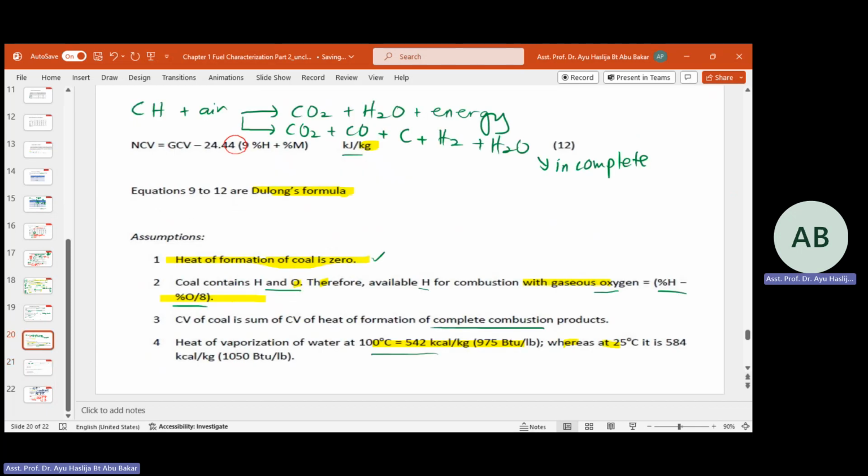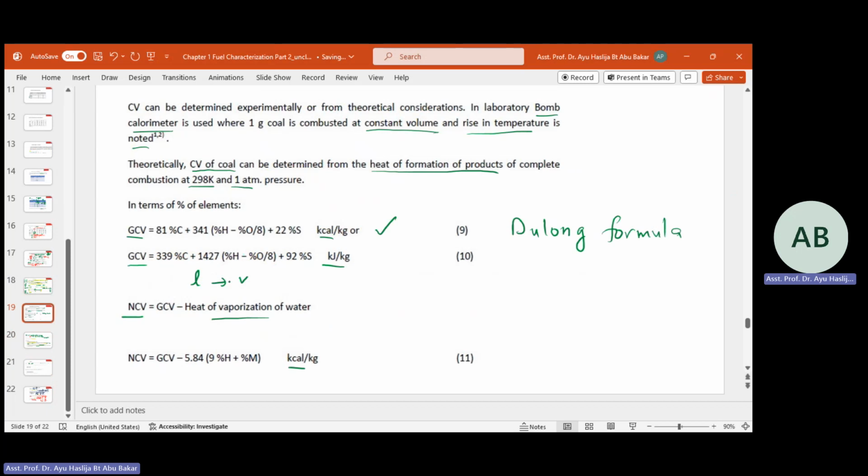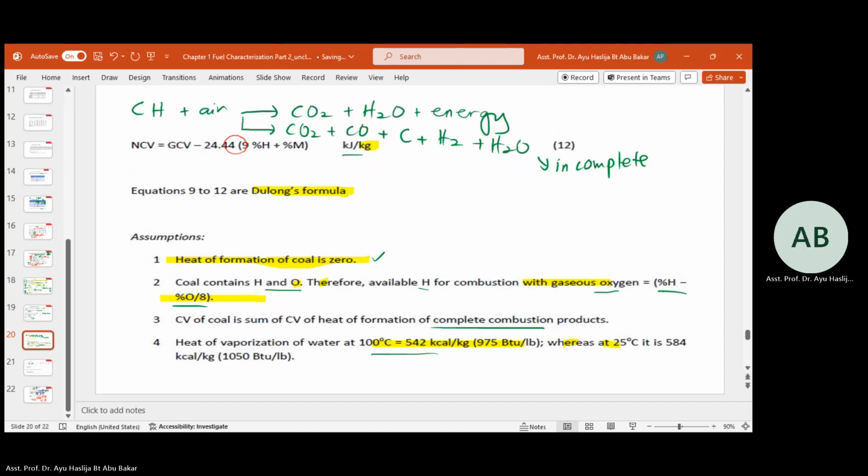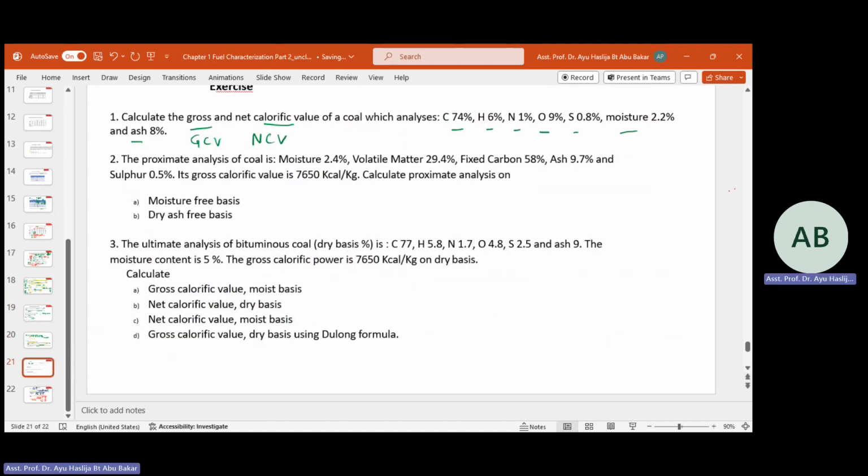In the earlier equation, M here stands for moisture. So try to calculate using the Dulong's formula.